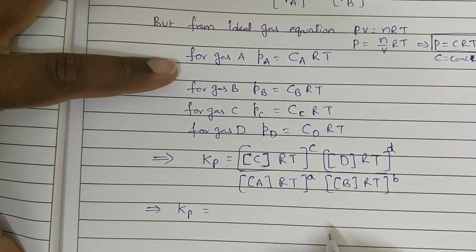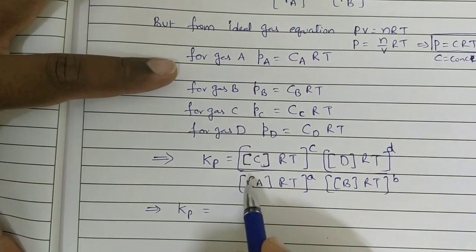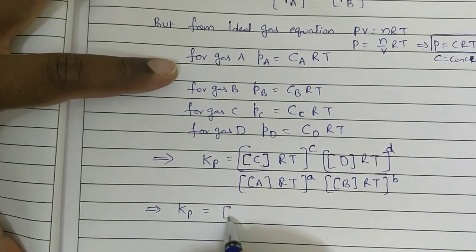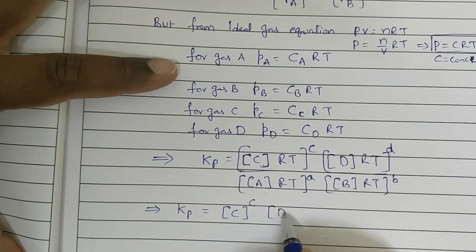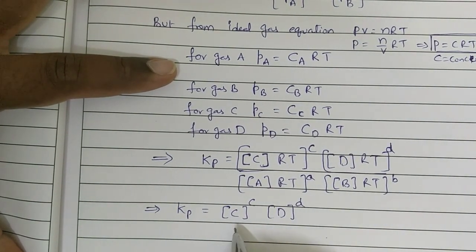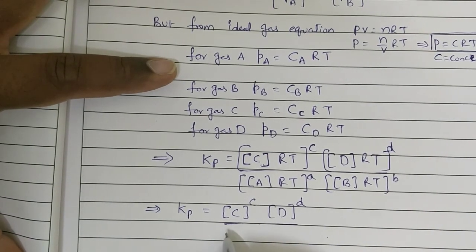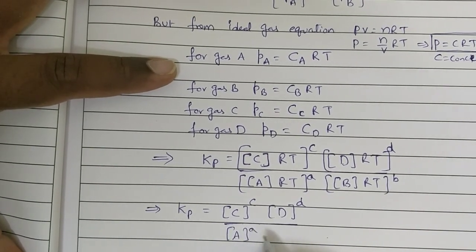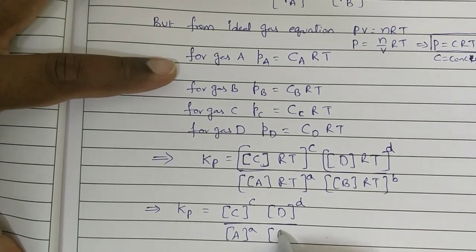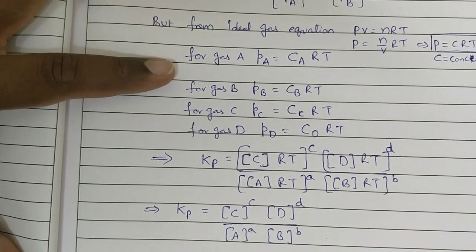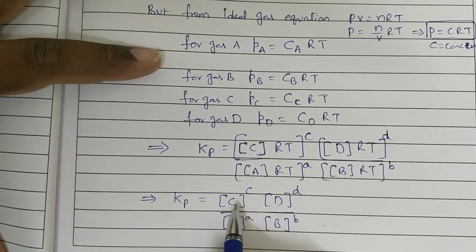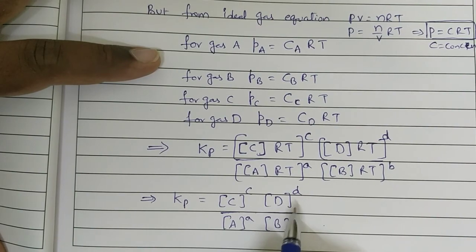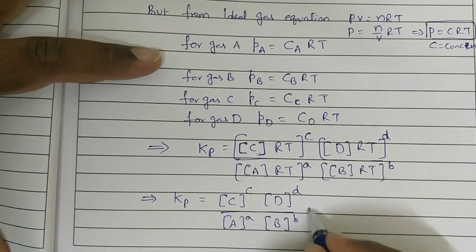This implies Kp is equal to, concentrations alone I am writing separately, concentration of C power c into concentration of D power d, divided by concentration of A power a into concentration of B power b, into RT.